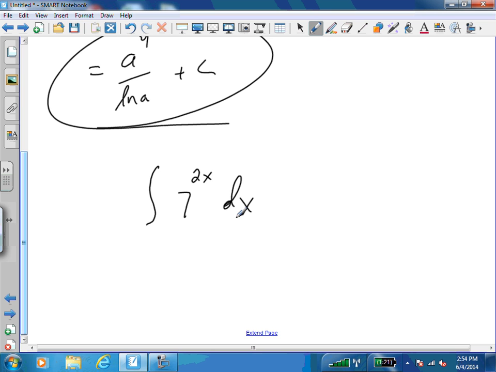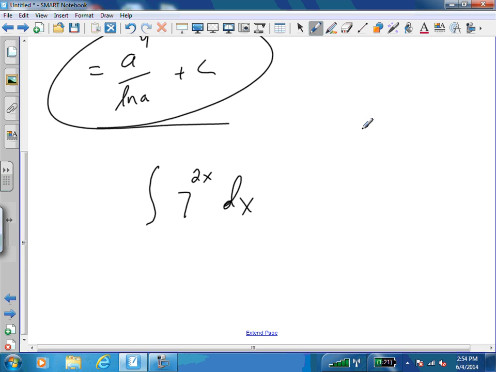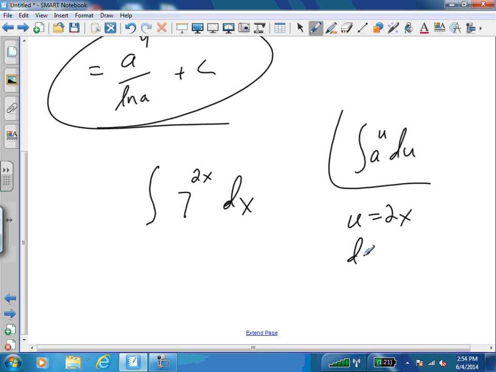That has a constant base with a variable exponent. So in order for it to fit this formula, what would we have to consider our u? 2x. So for it to fit that formula, our u would have to be 2x, which means du would have to be 2 dx.